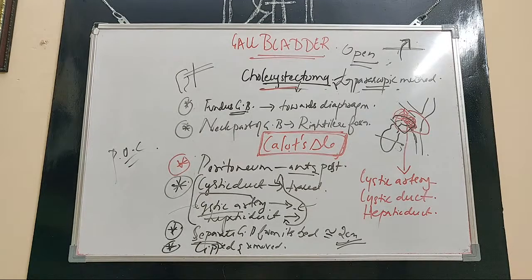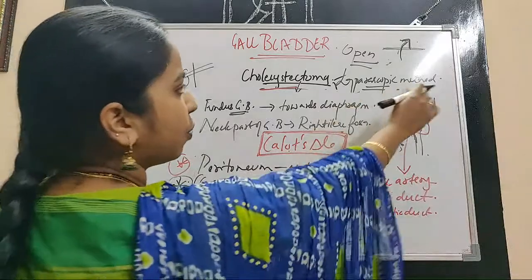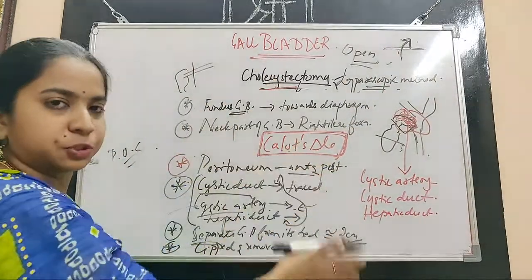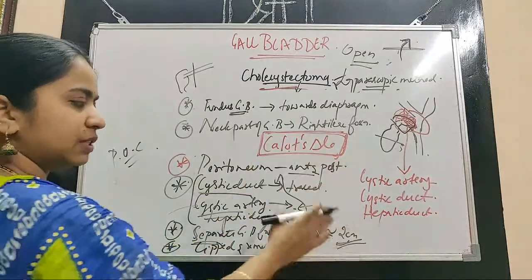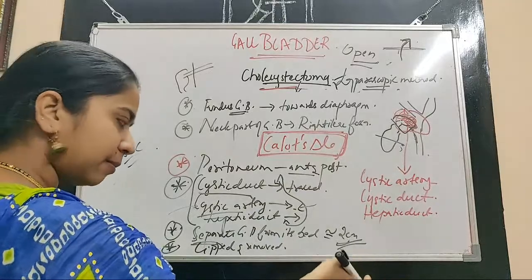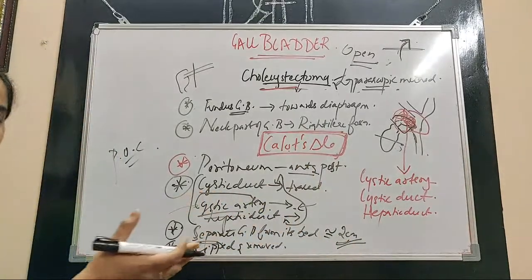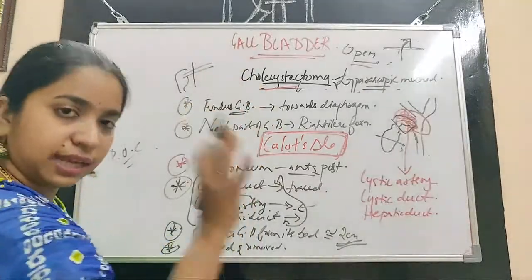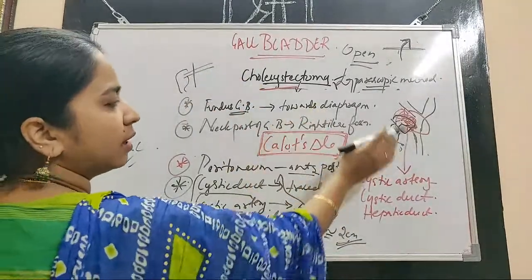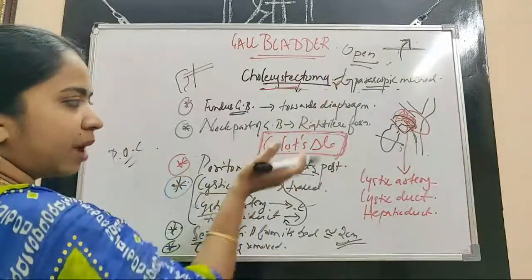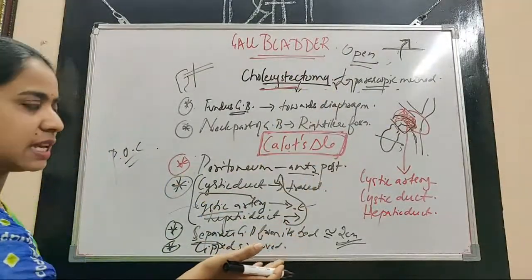So this is with respect to how the laparoscopic cholecystectomy is done. Starting from the patient's position on the table, we saw up to pneumoperitoneum. Once the pneumoperitoneum is established, we saw how to identify Calot's triangle, for which a slight maneuver of retracting the gallbladder towards the diaphragm and the neck towards the right iliac fossa is necessary.